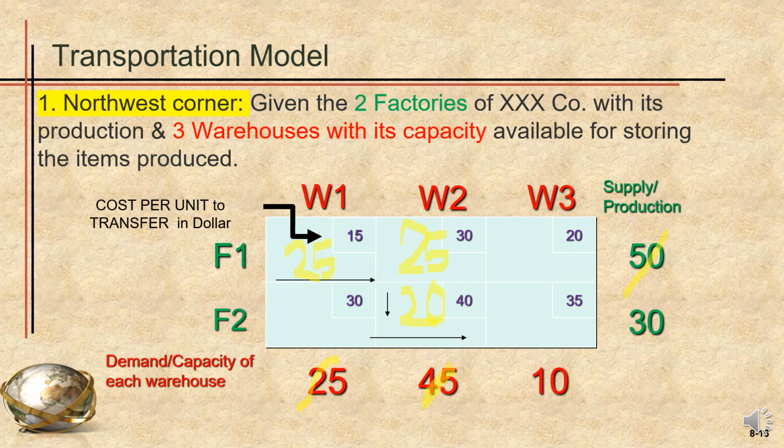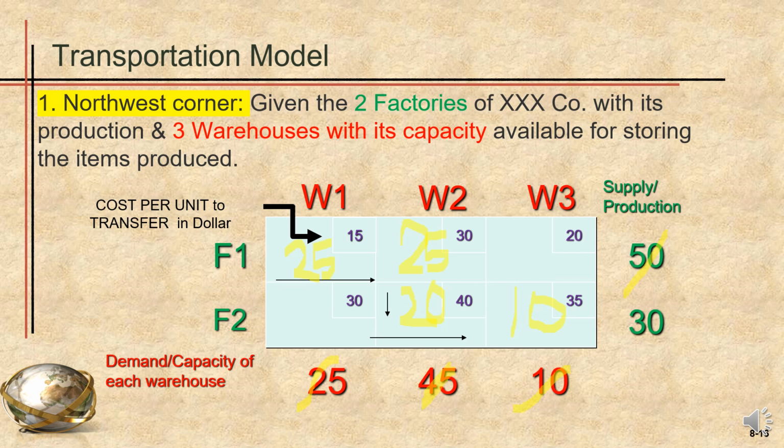Then finally, we still have one cell left, cell 6, from factory 2 going to warehouse 3. Let's see if we can still put something in it. Warehouse 3 has a capacity of 10. If we put 10 units here, the capacity of 10 is satisfied, so that's good, and we can cross it out.